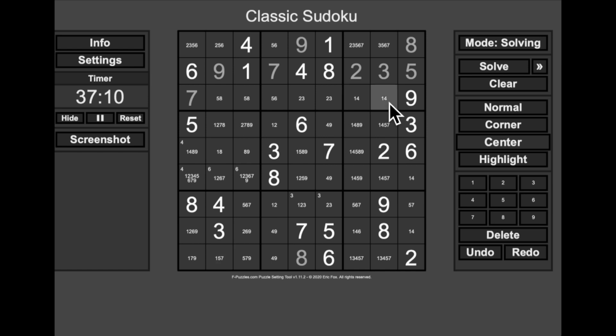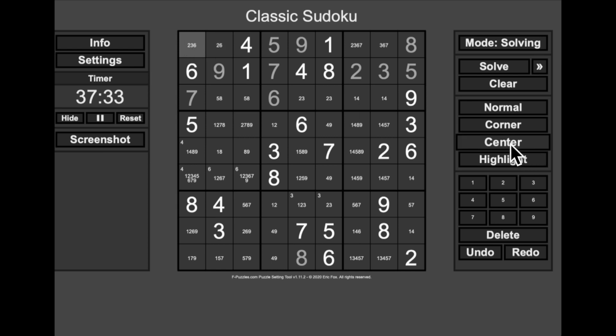Let's see. 1, 4, 1, 4, 2, 3, 2, 3. I've got a 5, 8 pair here, so that's neither 5 nor 8. That has to be 6. That's now 5. None of these can be 5. None of these can be 5.